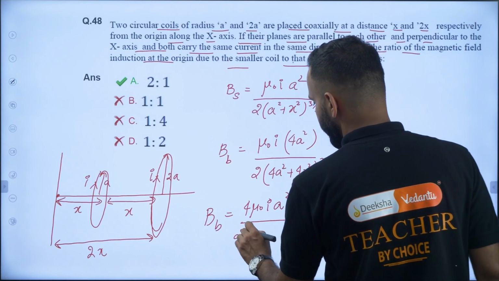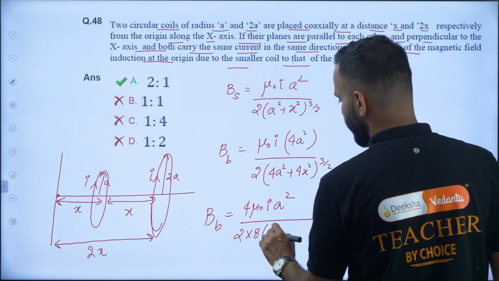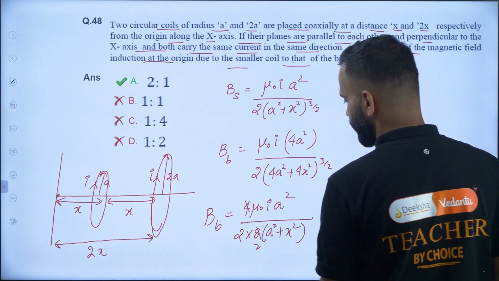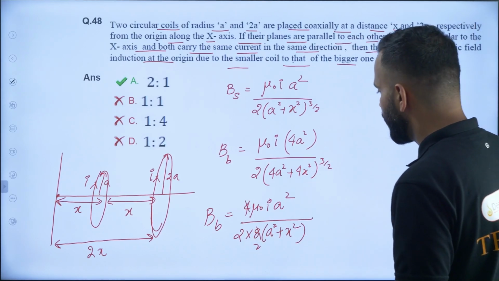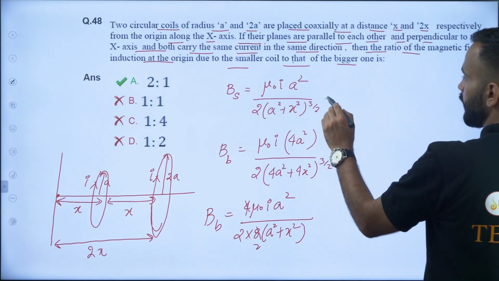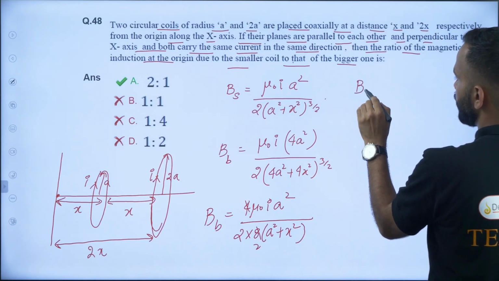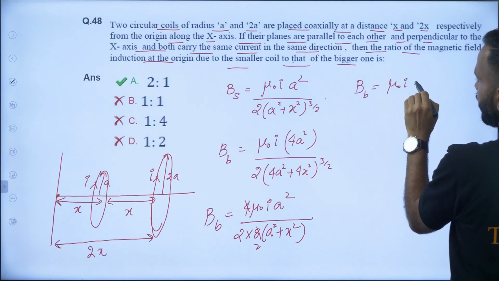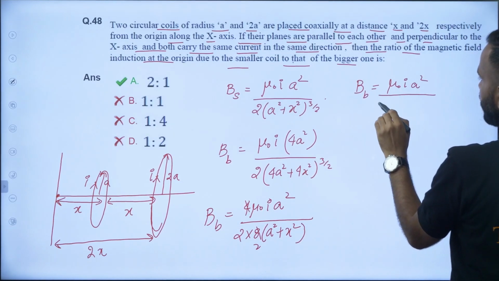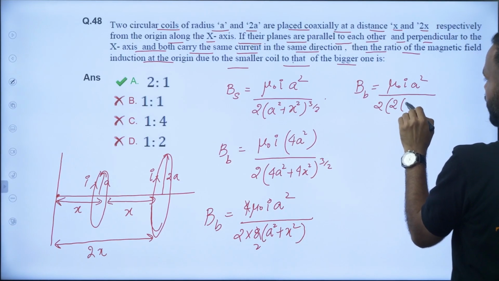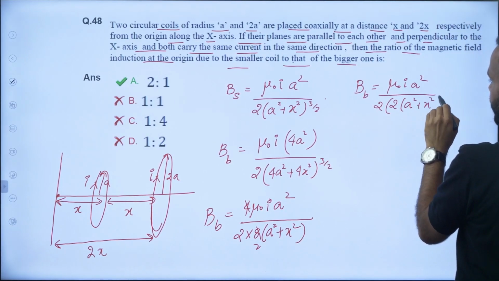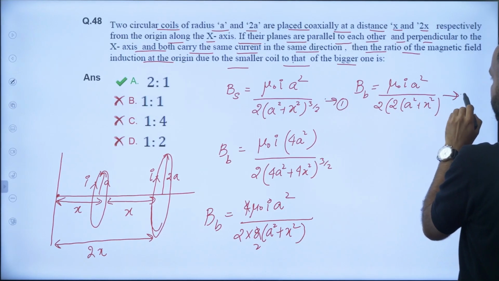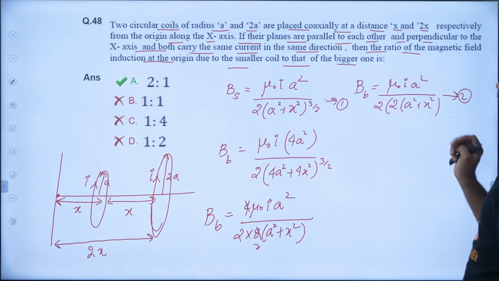So B due to the bigger coil is equal to mu naught I a square divided by 2 into (a square plus x square)... so this is the second equation.